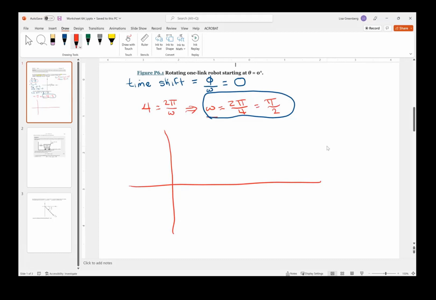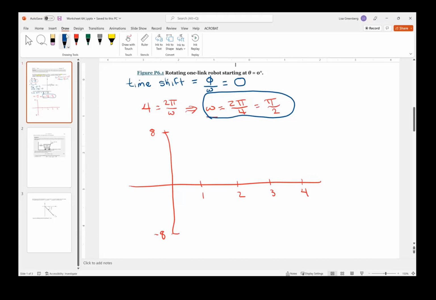Let's see, do I want to graph it that way? I think we could do this easily. Since we know one period is 4, we can just say this is 1, 2, 3, 4. We know it's going to 8 and down to -8.